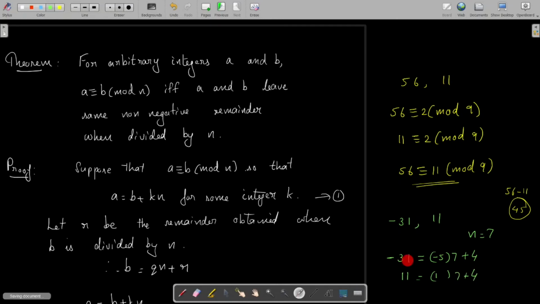So when these integers minus 31 and 11 are divided by 7, they leave the remainder 4. Since the remainders are the same, we may conclude that minus 31 is congruent to 11 mod 7. Here minus 31 minus 11 equal to minus 42, which is a multiple of 7. So clearly minus 31 is congruent to 11 mod 7. So this was the result we proved now.